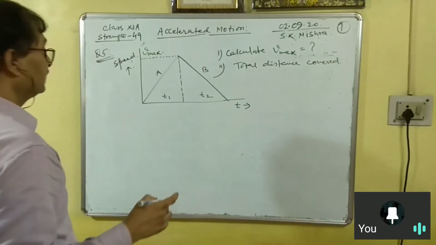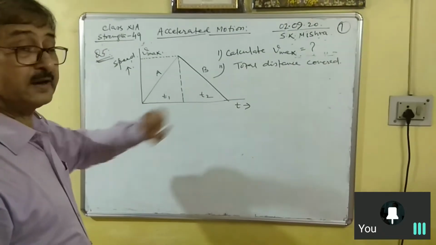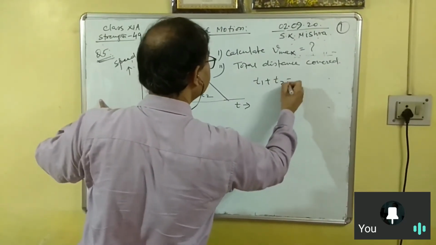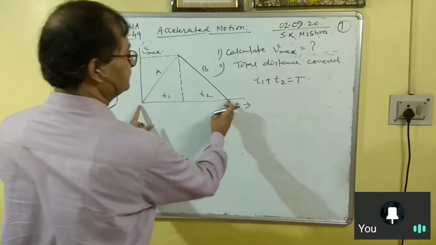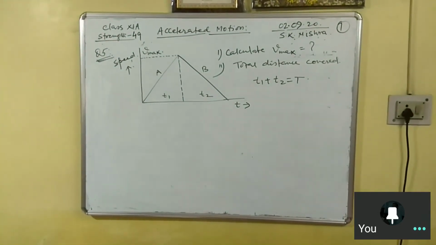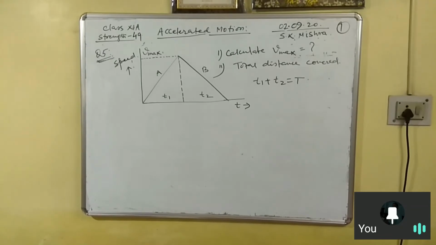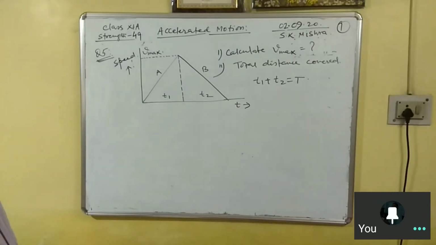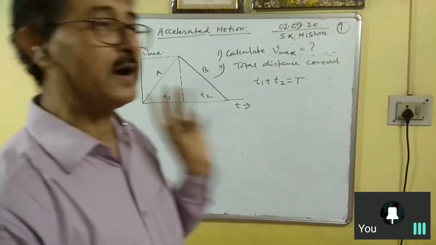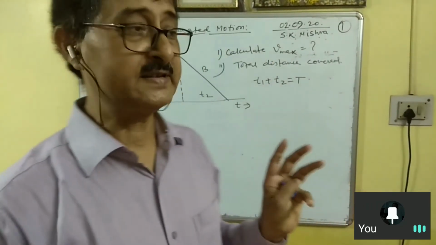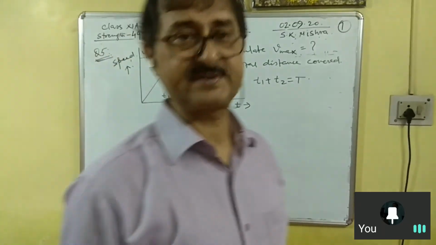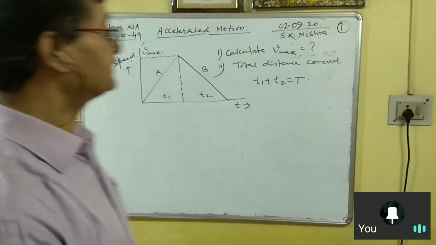Remember one thing, the total time elapsed is capital T only. It means t1 plus t2 is given to you, 0 to T, total time. So t1 plus t2 is T. Then how will you find the Vmax? Your answer will be in terms of A, B and this capital T. Only 3 quantities are known to you: capital A, which is acceleration, capital B, which is retardation, and total time T elapsed.